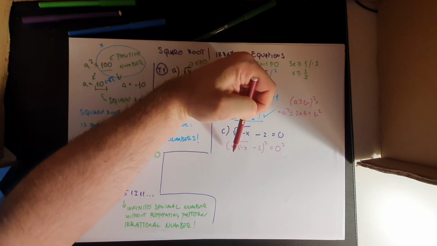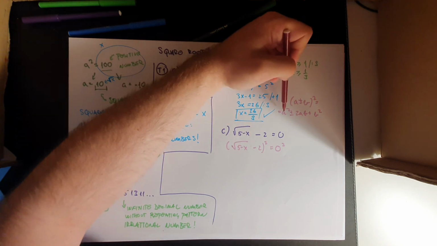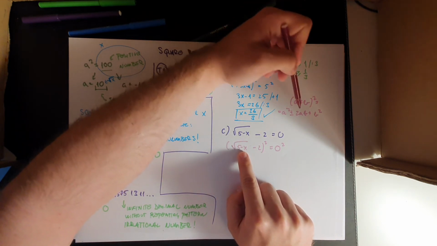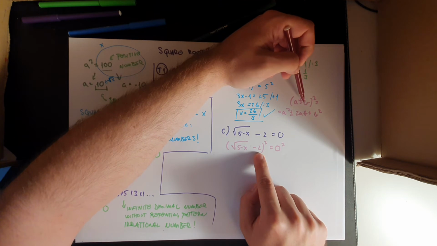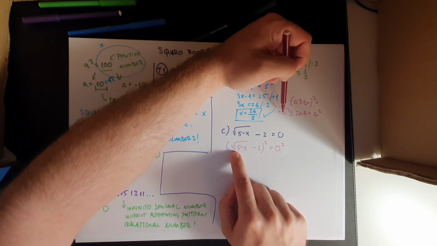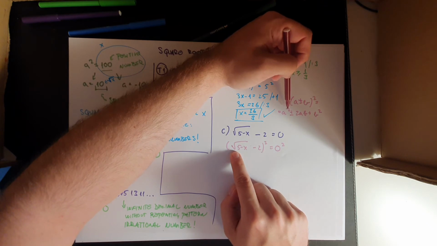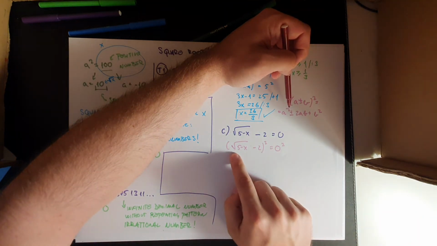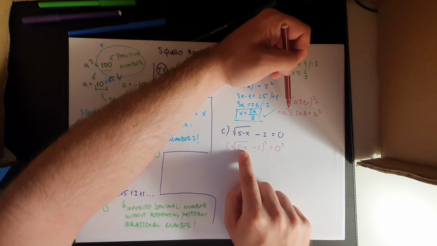Now what happens in the following step is, let's say a is the square root of 5 minus x and b is the number 2. First, we get the square root of 5 minus x, squared, nothing worrying. So we basically got rid of the root and we are left with 5 minus x.